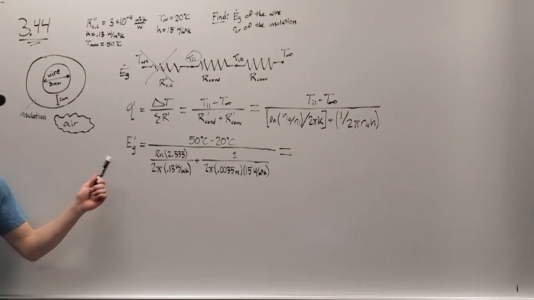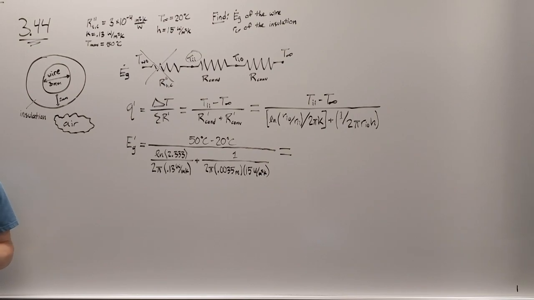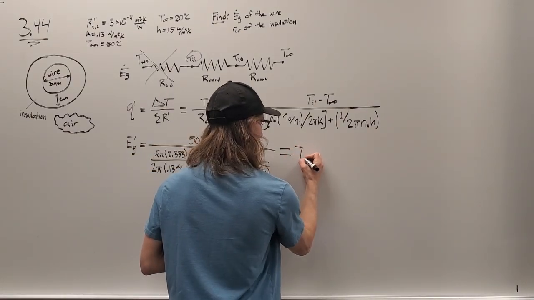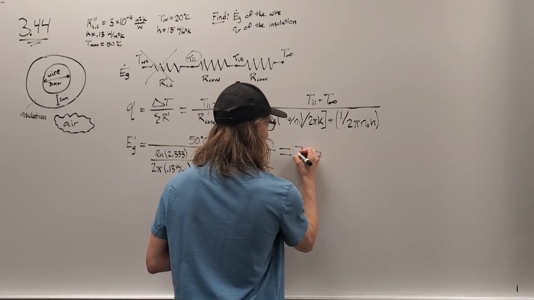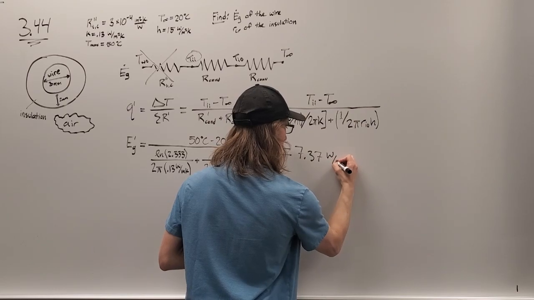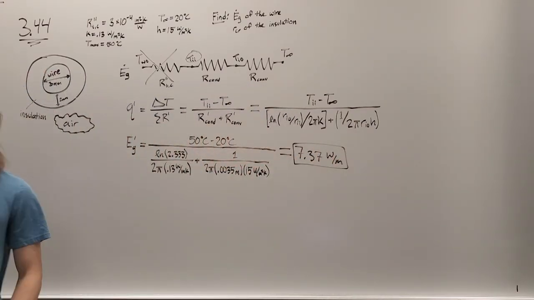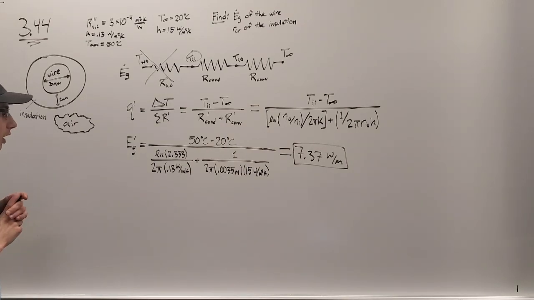Plugging that whole big equation into a calculator will get you a final answer for energy generation of 7.37 watts per meter. So that is energy generation.